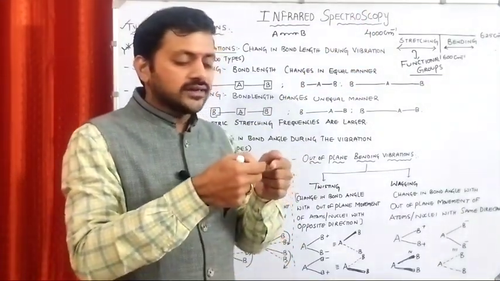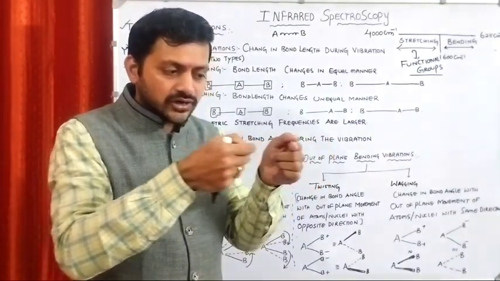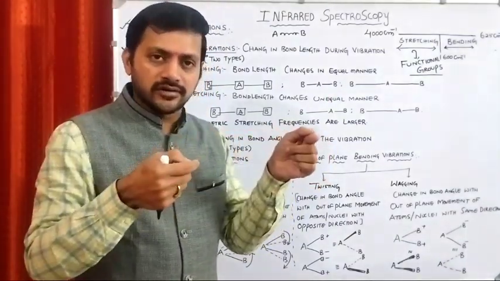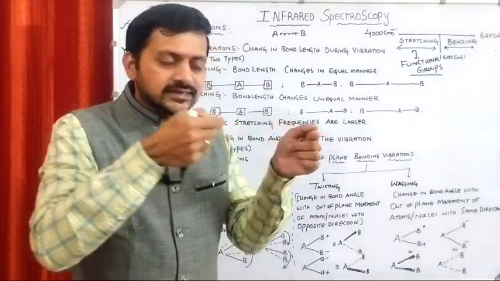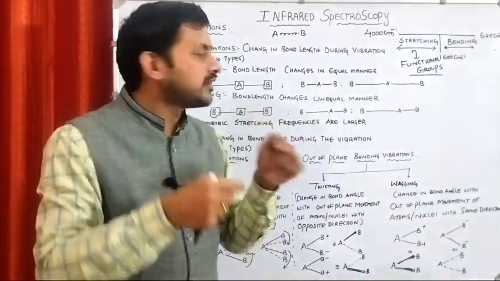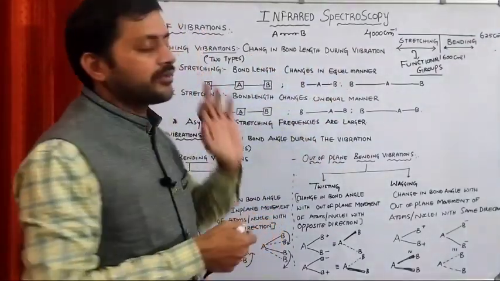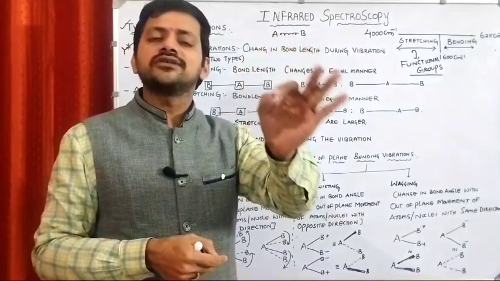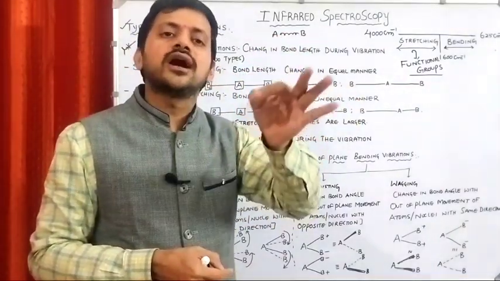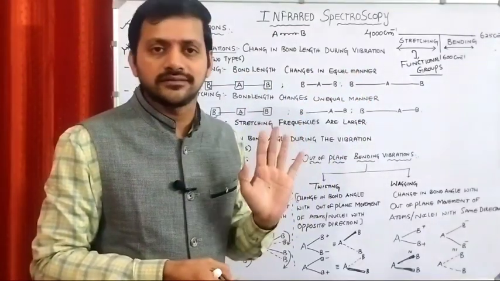During the vibration, the distance is changing. Distance changing means what? Bond length is changing or not. If the distance is considered as a bond length, then we can say that those types of vibrations are commonly called stretching vibrations. Simply, stretching vibrations are due to the change in bond length between the atoms or the nuclei.